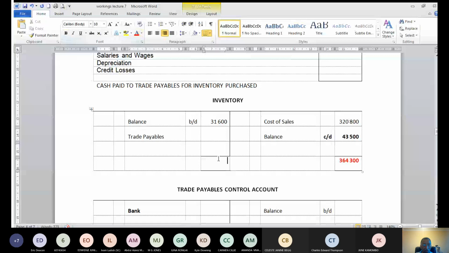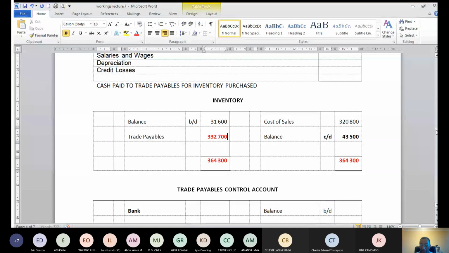Put that amount also on the debit side. 364,300 minus the 31,600 opening balance, and that will be a balancing figure of 332,700 Rand.